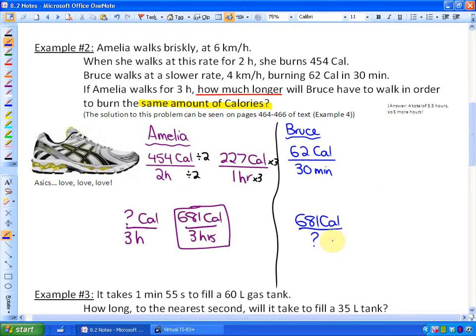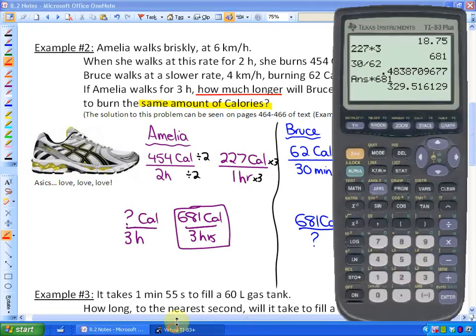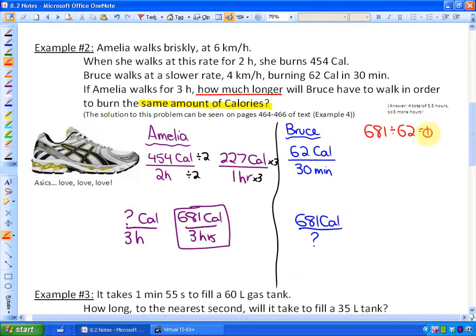So another method is finding out how many times 62 goes into 681, because that will give me the multiplier. If I do 681 divided by 62, that will give me 10.98387. So that's about 11 times pretty much.